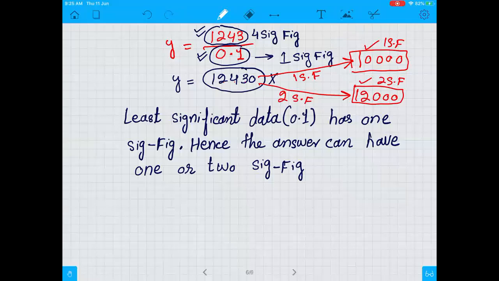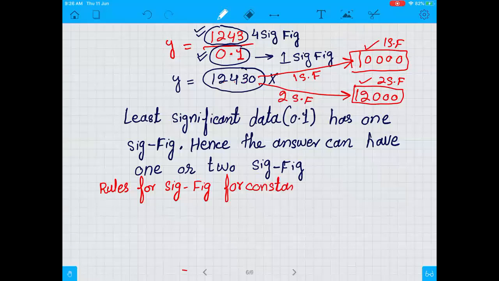One remaining thing is, what are the rules for constants? Sometimes we have some constants. So, rules for significant figures for constants.